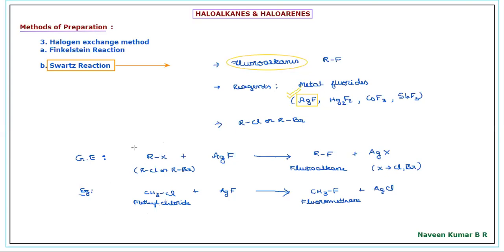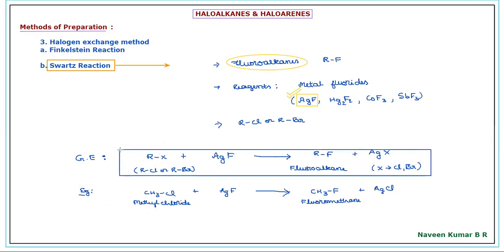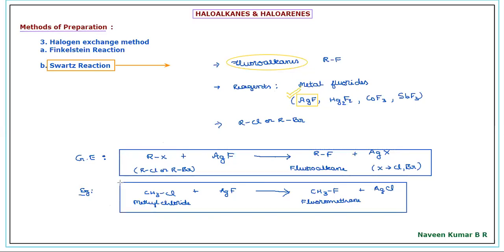In this way, you can easily remember. Both are repeatedly asked as 1 mark as well as 2 mark questions in the final exam. They may ask you to write a general equation, or what reagent is used for the preparation, or to explain with an example the respective equation. Hence, both are very important named reactions.